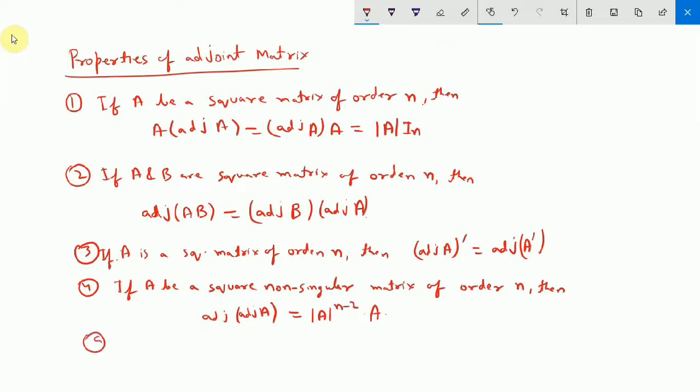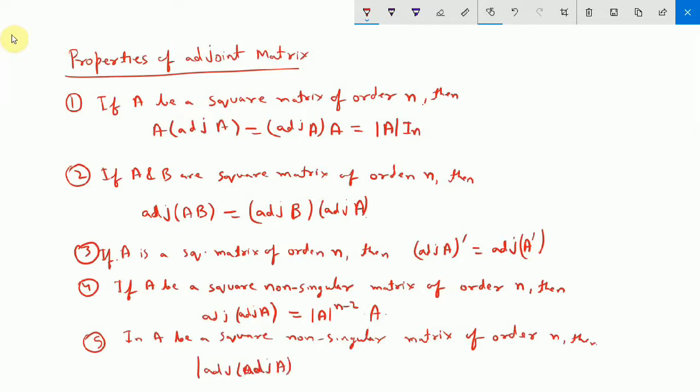Okay friends. Next property is, if A is a square non-singular matrix of order n, then the adjoint of adjoint of A, we'll write it clearly, the adjoint of adjoint of A, and the determinant of that matrix will be equal to determinant of A to the power n minus 1, whole square.